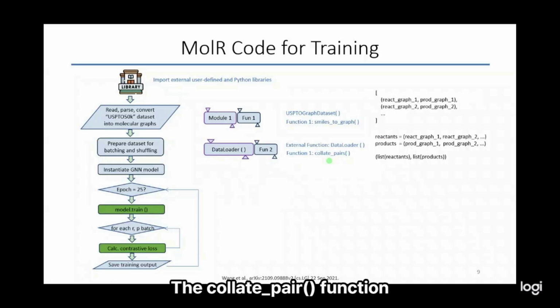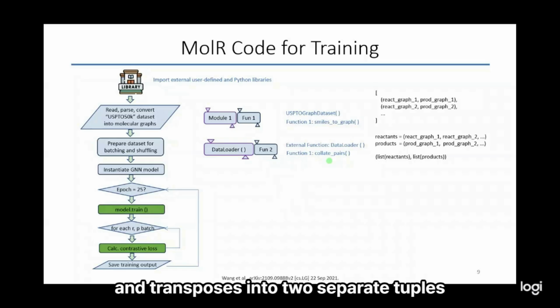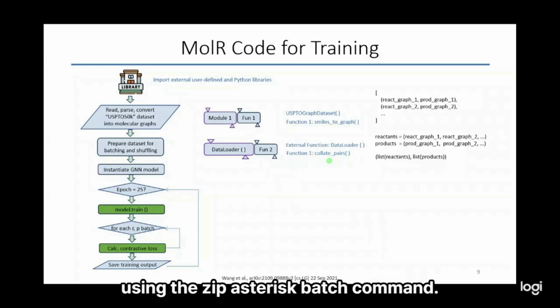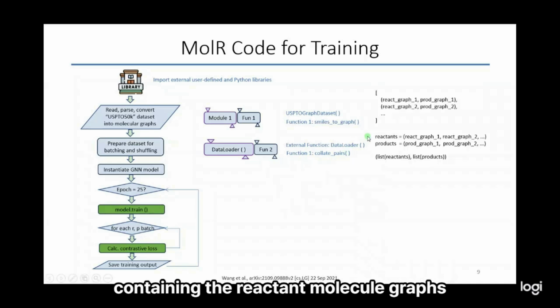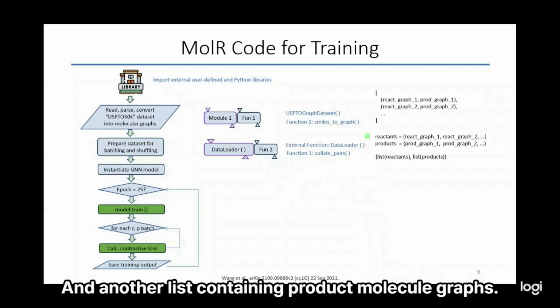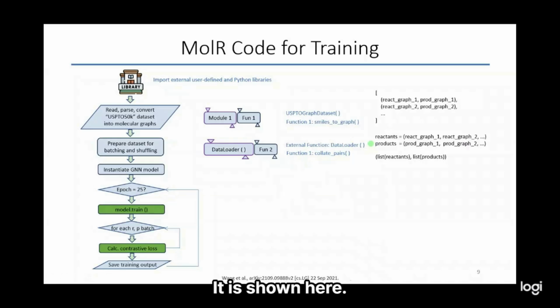The collate_pair function takes a batch, or a list of tuples, and transposes it into two separate tuples using the zip(*batch) command. In other words, it returns one list containing the reactant molecule graphs and another list containing product molecule graphs. It is shown here.